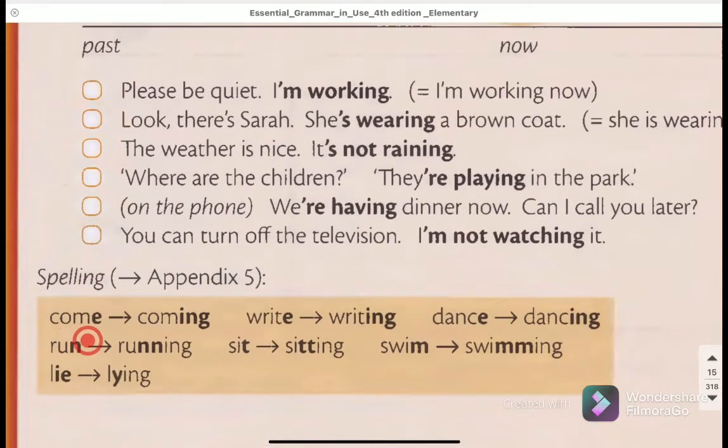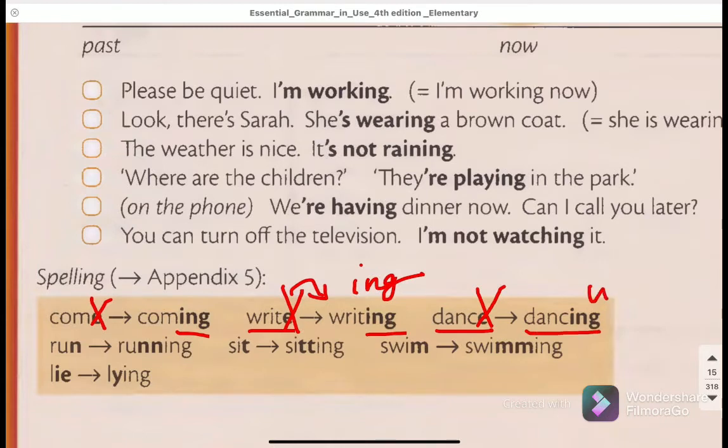If I have a verb and it ends with the letter E, and I want to add ing, I will remove the letter E and write ing.